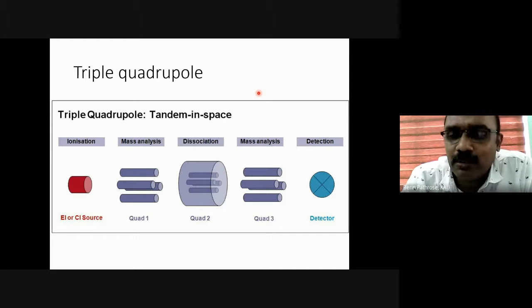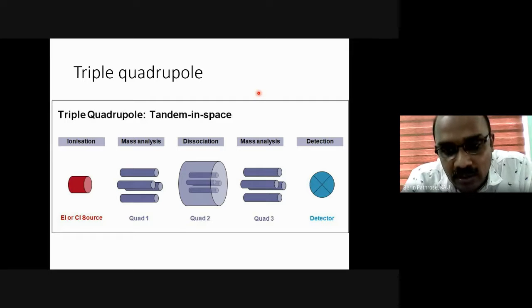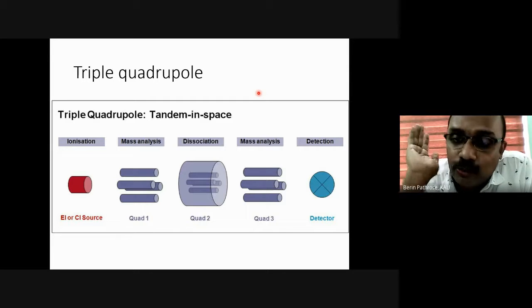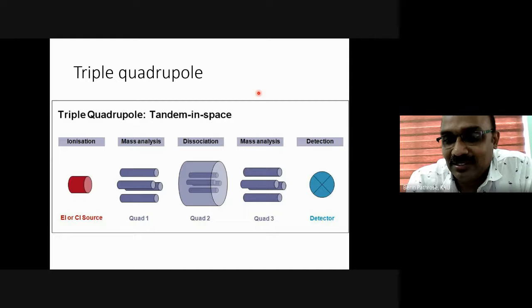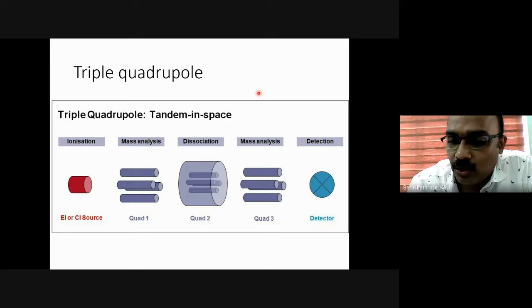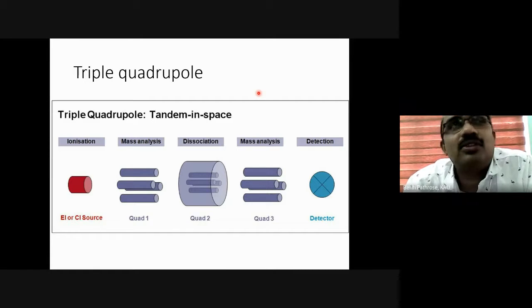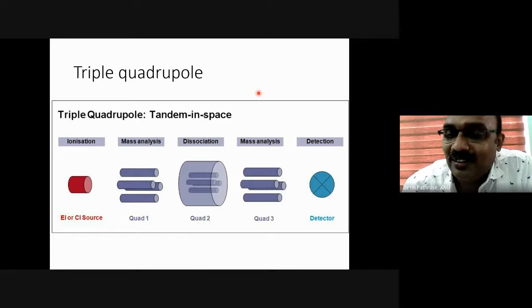That is full scan mode. Full scan mode is an automatic mode. We don't change it manually. We just give a command to run a full scan. So if a compound is coming out at, say, 4.9 minutes, within a few milliseconds, fractions of a second, the charge shifts from a very low value to a very high value, and it returns.